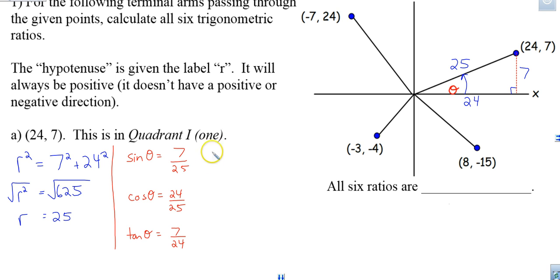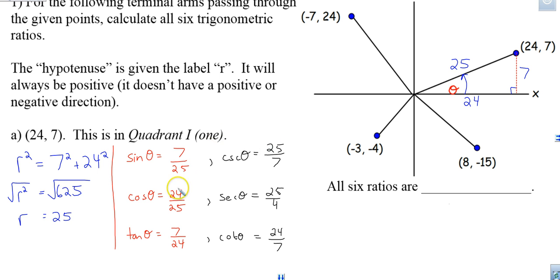Now I can easily turn those into the reciprocal ratios, so cosecant theta would be 25 over 7. Secant theta, the reciprocal, would be 25 over 24. And then cotangent theta would be 24 over 7, the reciprocal of tangent.